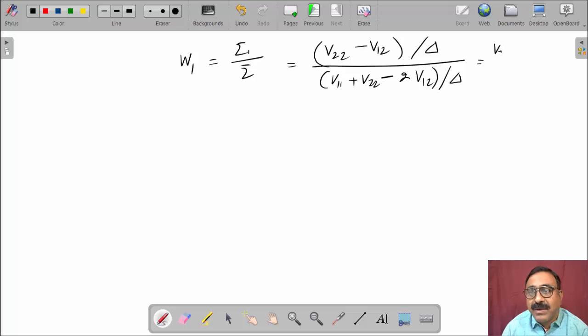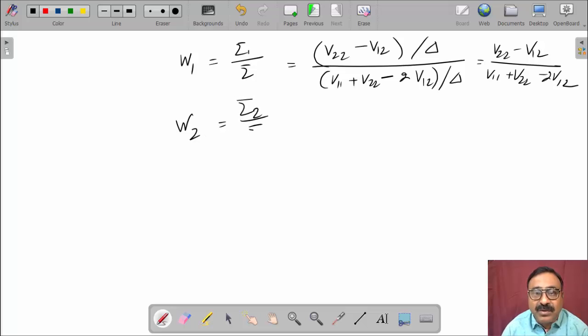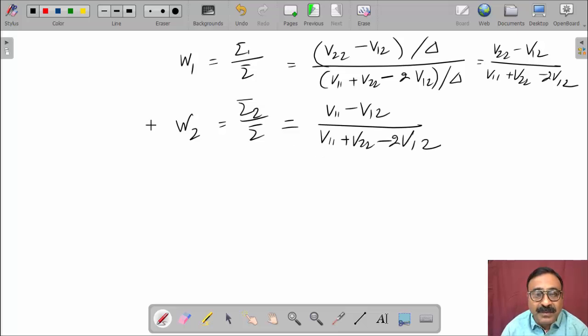So that is equal to V22 minus V12 by V11 plus V22 minus 2 V12. Similarly, we can get W2 equal to sigma 2 by sigma, that is equal to V11 minus V12 by V11 plus V22 minus 2 V12, which is the bivariate ratio estimator.